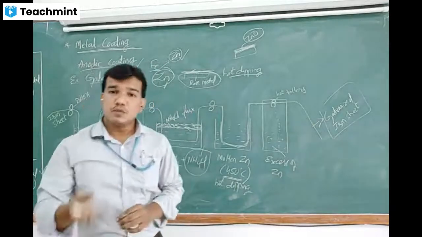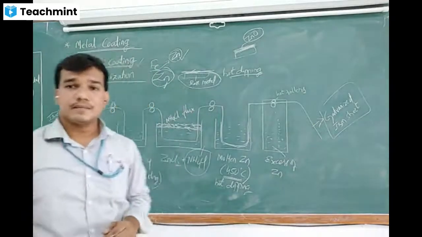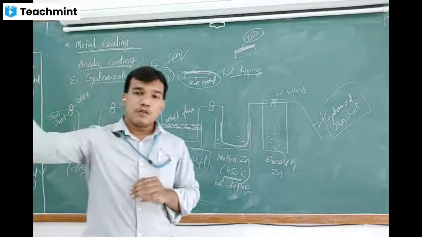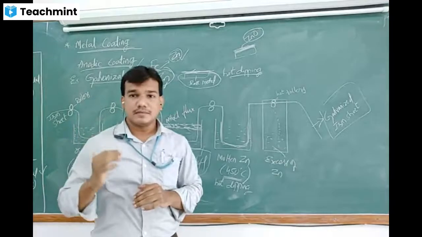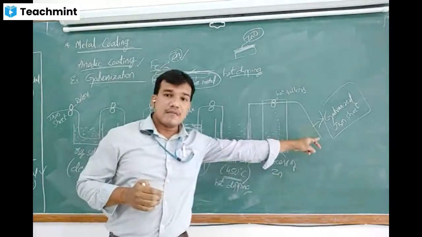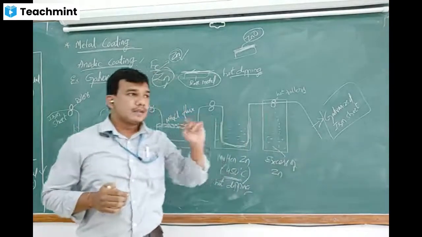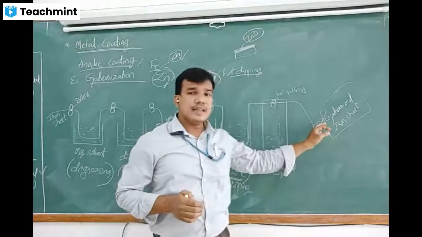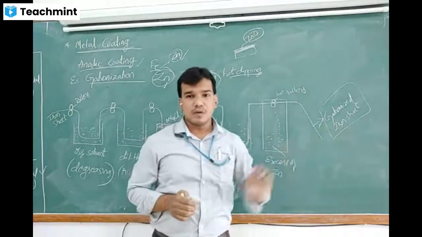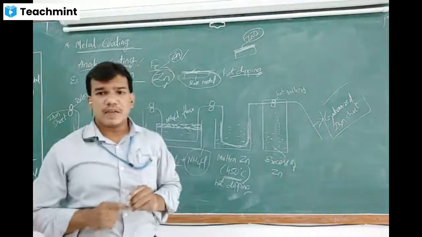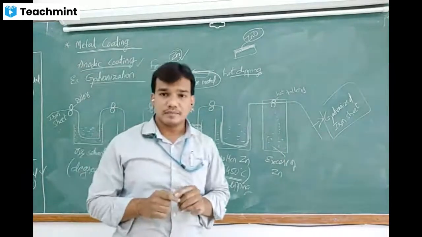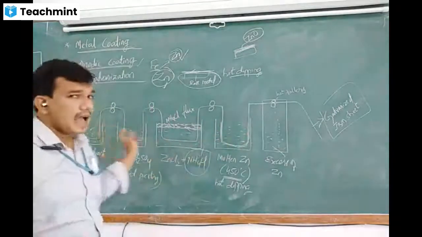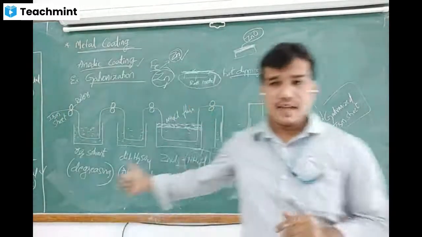Where will we use these galvanized iron sheets? For roofing. I already told you, for roofing and shed making, they will use this galvanized iron sheet. It protects against the corrosion of steel or iron. Then you have seen the fencing wire. For fencing wire, they will make it from galvanized iron.